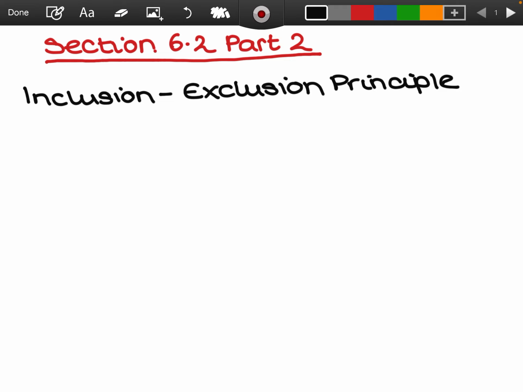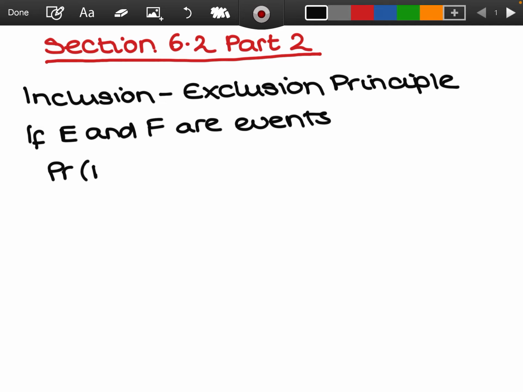So, what is the inclusion-exclusion principle? It says that if we've got two different events, E and F, so each one is made up of certain outcomes for an experiment. Then the probability of the union of E and F happening, so remember the union of two events is going to be all the outcomes that land in E or F or both.